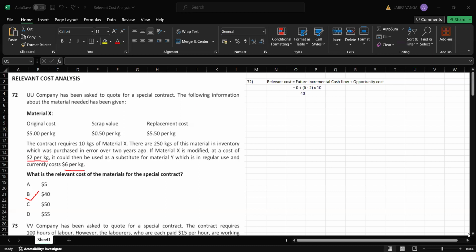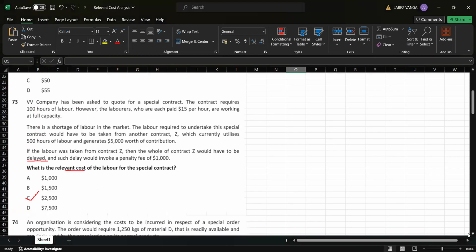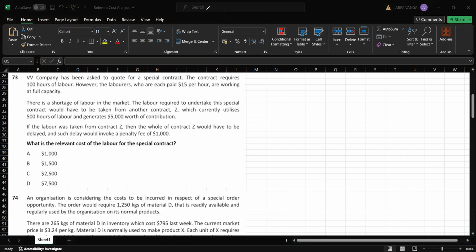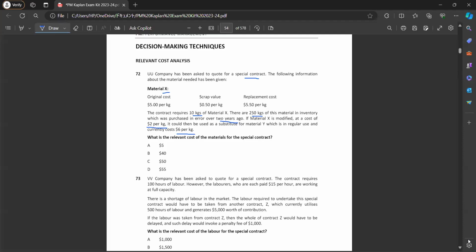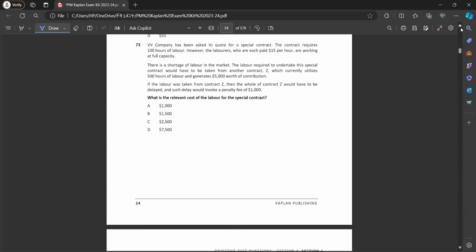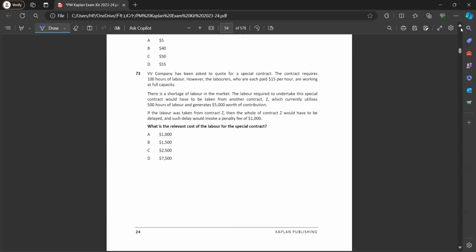Let's answer question number 73. Let's read the question from the PDF file. VB company has been asked to quote for a special contract. The contract requires 100 hours of labor.